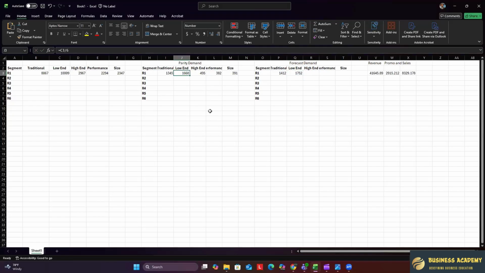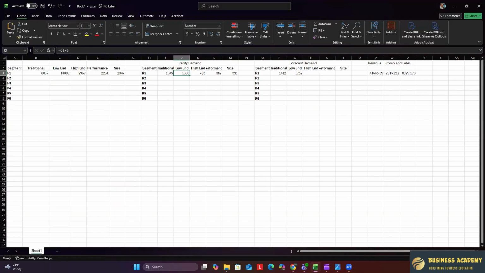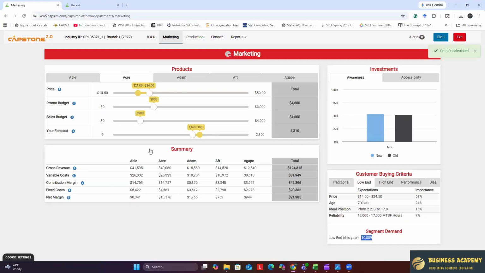So I will stick to my parity demand here because I'm increasing the price and the customer is significantly price sensitive. So I will be trying to be cautious because I do not want significant excess inventory, around 1670.